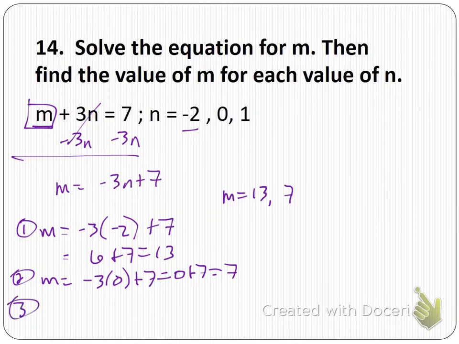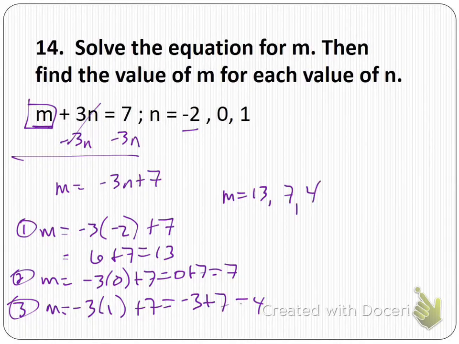Or we're going to do this a third time and plug in 1. Negative 3 times 1 is negative 3. Negative 3 plus 7 is 4. So when n is negative 2, m is 13. When it's 0, m is 7. When it's 1, m is 4.